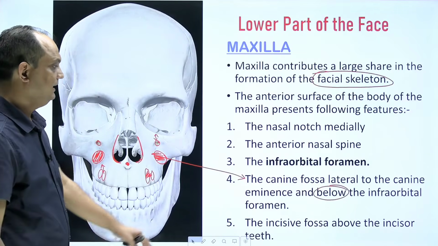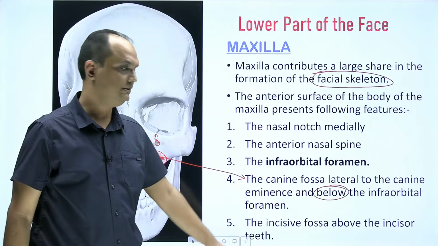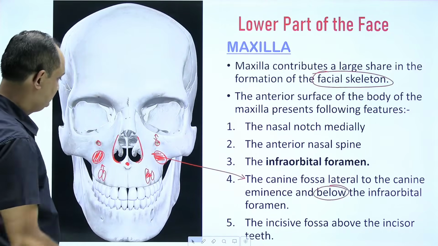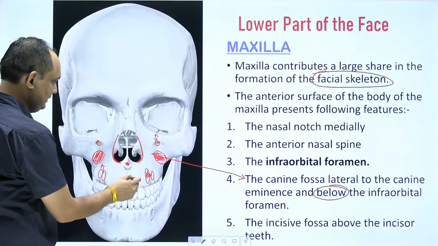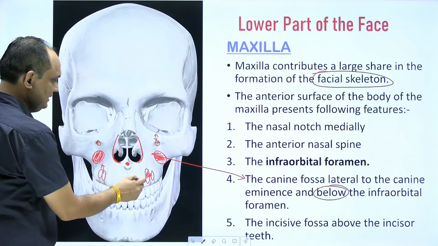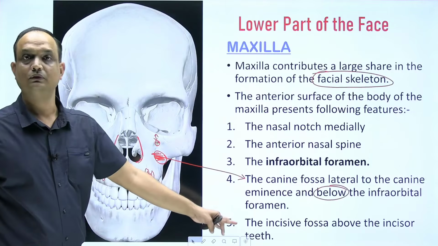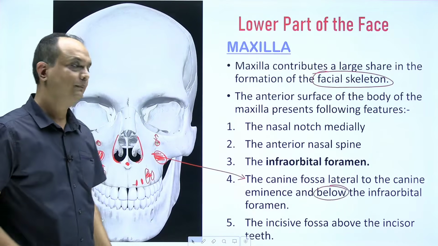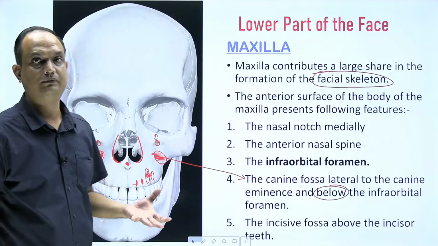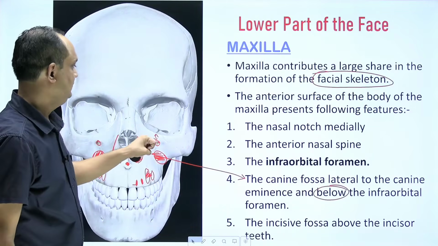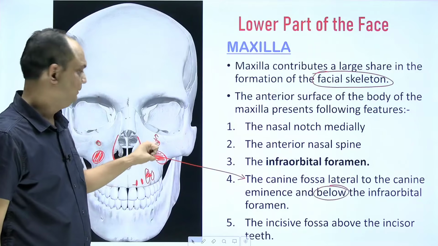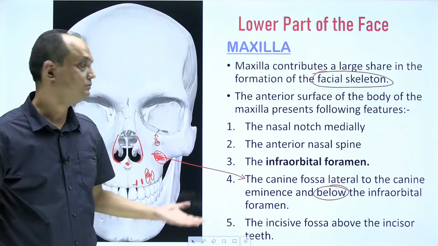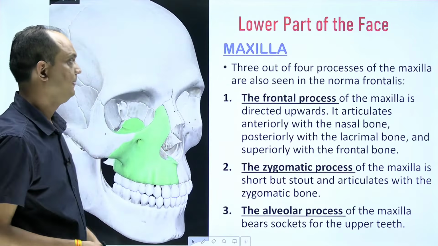Clear? Then you will have the incisive fossa, and the incisive fossa lies above the incisor teeth. So this is your incisor teeth, and above that you have the depression known as the incisive fossa. So when you are reading the Norma Frontalis on the maxilla, the most important feature you will find is the infraorbital foramen, and below the infraorbital foramen you will have a depression known as the canine fossa.